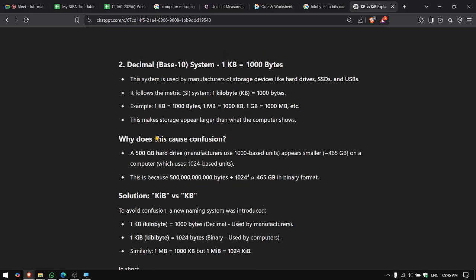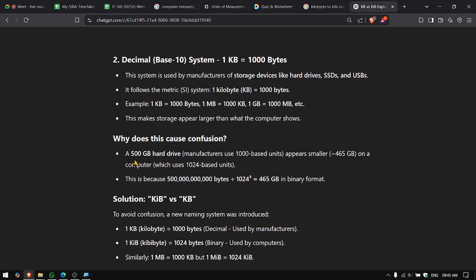Then, why does this cause confusion? A 500 GB hard disk: manufacturers use 1000 base units, so they are using kilo as 1000. It appears smaller on a computer which uses 1024 base units.